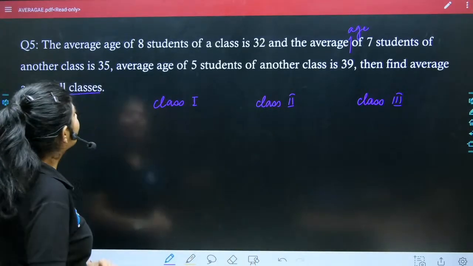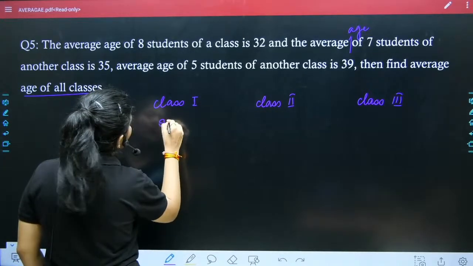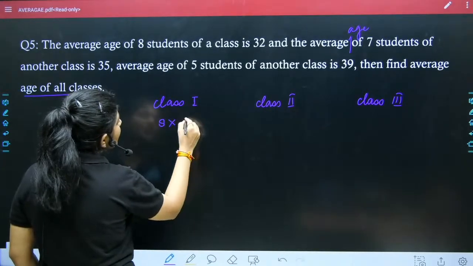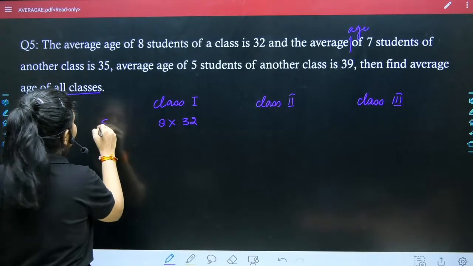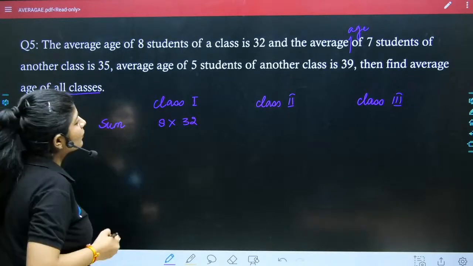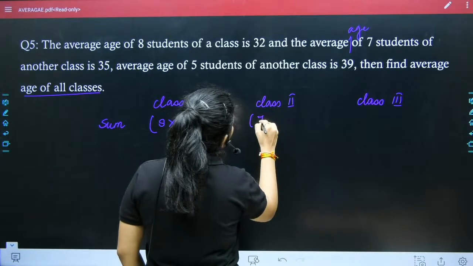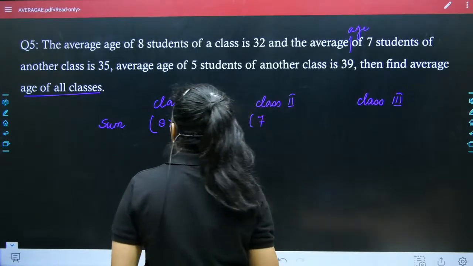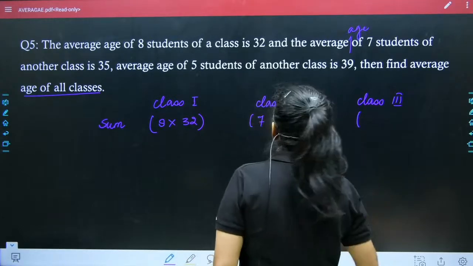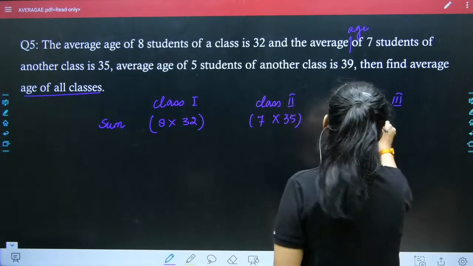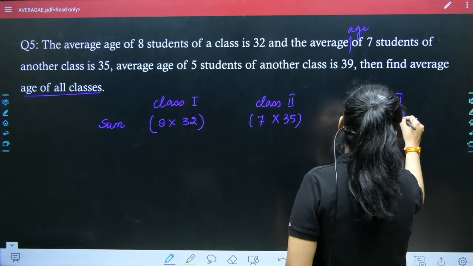Let's see, Harshit. Here we have a total of 8 students. That means number of observations into average, just to calculate the total sum. In the second class, the number of observations is equal to 7 and the average is equal to 35. For class third, the number of students is equal to 5 and the average is 39.